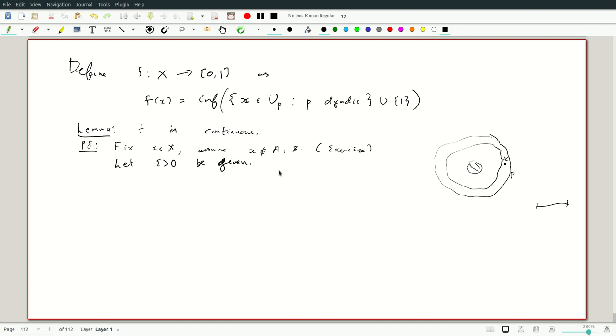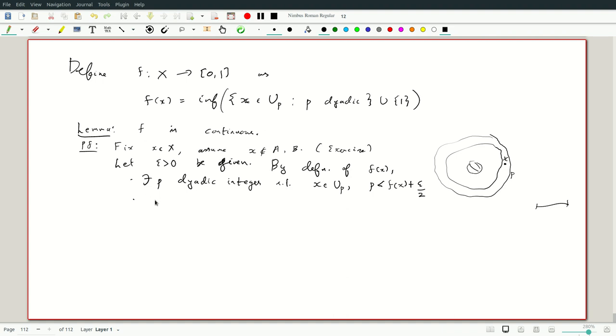Okay, so by definition of f of x, there exists p dyadic. First of all, there exists p dyadic integer such that x belongs to U_p and p is less than f of x plus epsilon. Let's throw in a by 2. I think it's not really needed, but it costs us nothing.